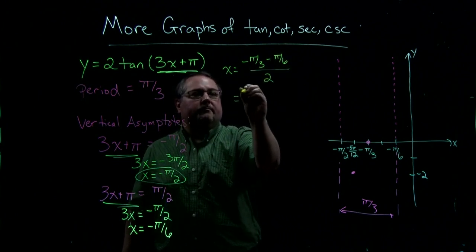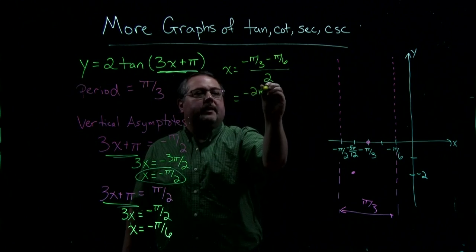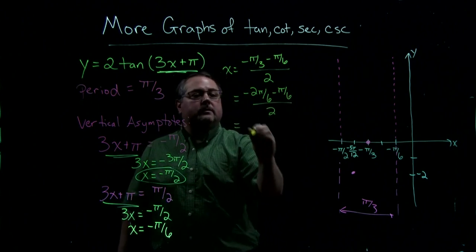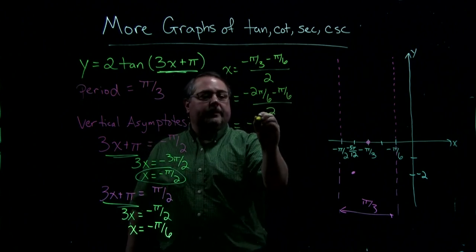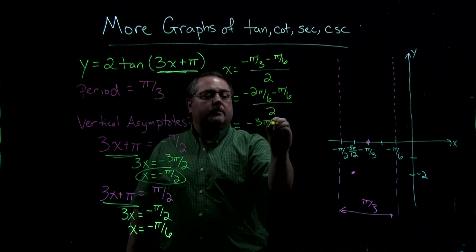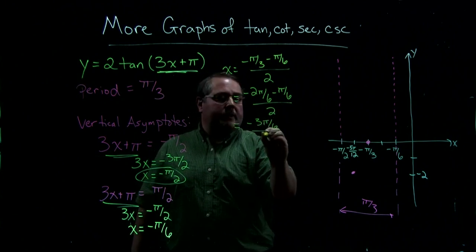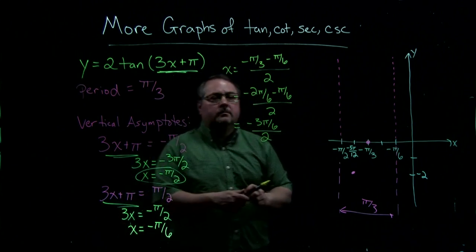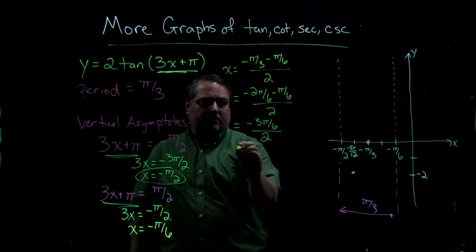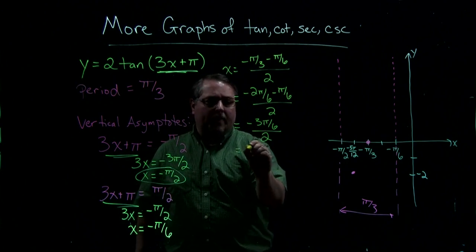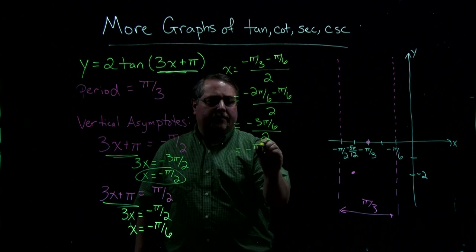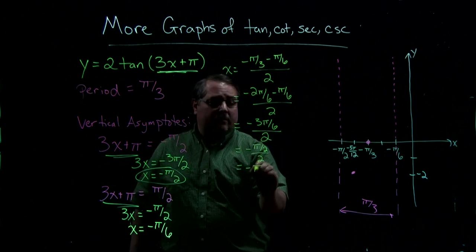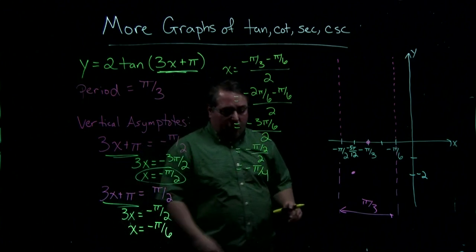So that's going to be negative 2 pi over 6 minus pi over 6 over 2, and it's going to be negative 3 pi over 6 divided by 2. Okay, or negative pi over 2 divided by 2 is negative pi over 4.